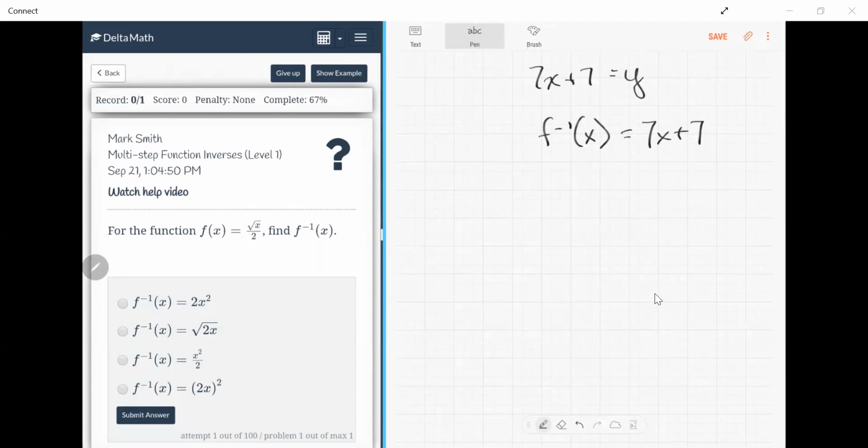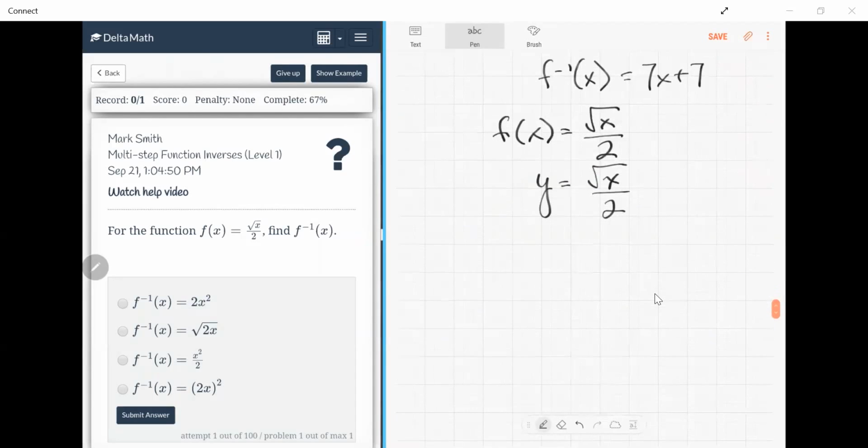All right. So this one says f of x equals the square root of x over 2. So first I'm going to write it in the y format. That was step 1. Step 2, I'm going to switch them.